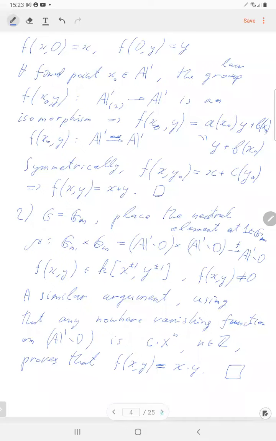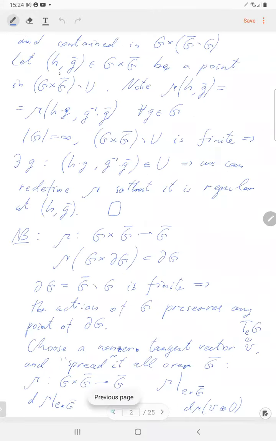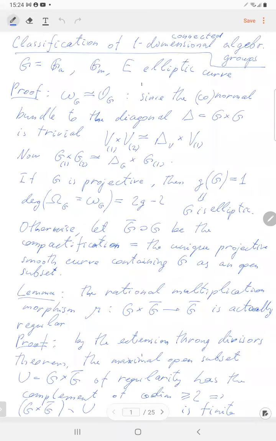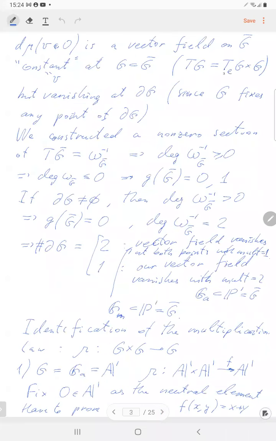And now let us. Where did we use this lemma? Right, because we used it to construct this vector field. At the third page, we constructed this vector field that was regular everywhere and vanished at the boundary.